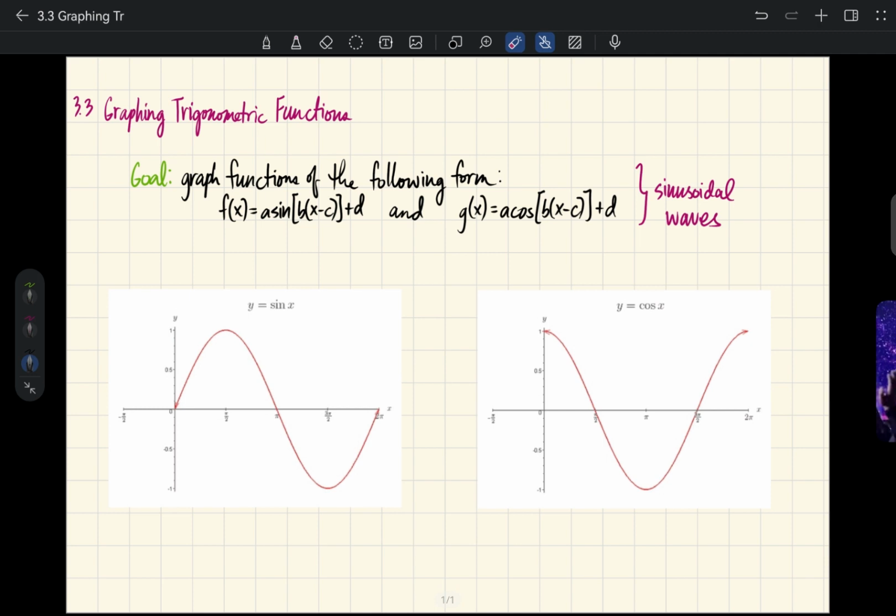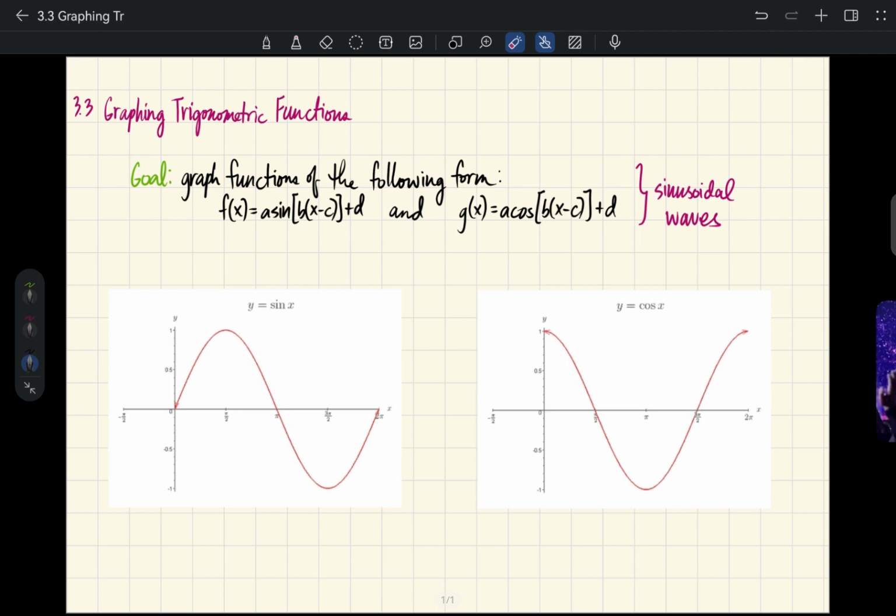So how do we graph functions of this form? First, we need to understand the graph of sine and cosine of x. So right here, we have the graphs of sine of x and cosine of x in the interval 0 to 2 pi. You might ask, why are we only considering the graph within this interval?